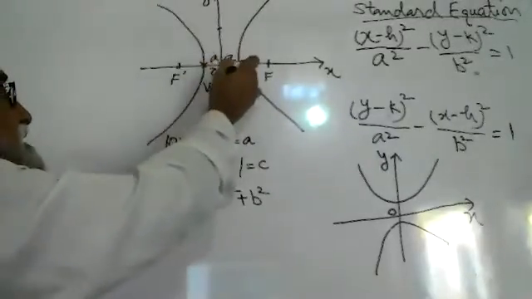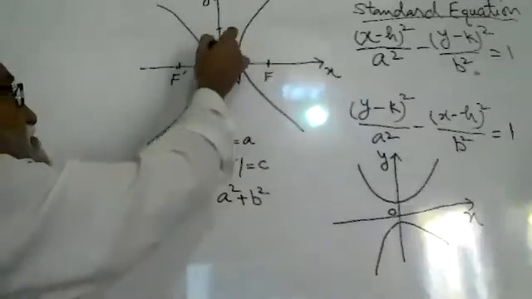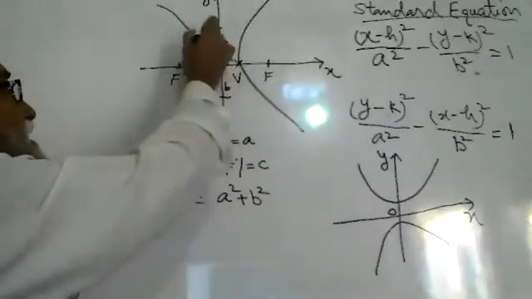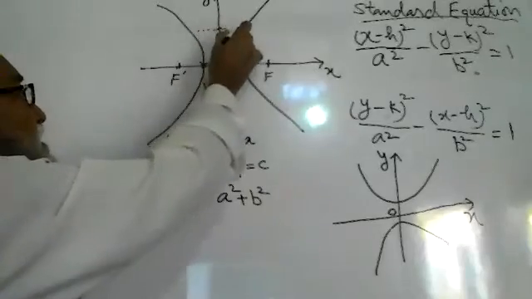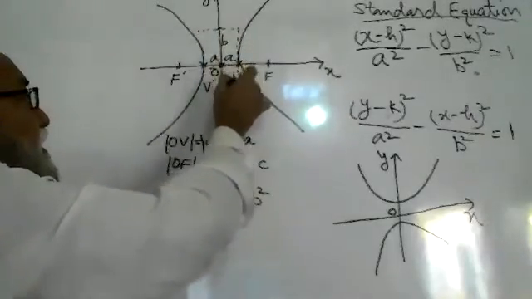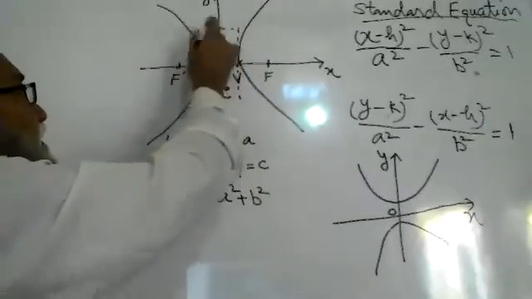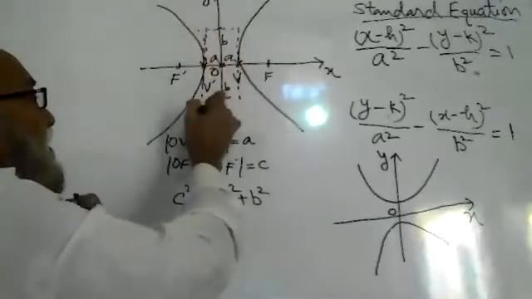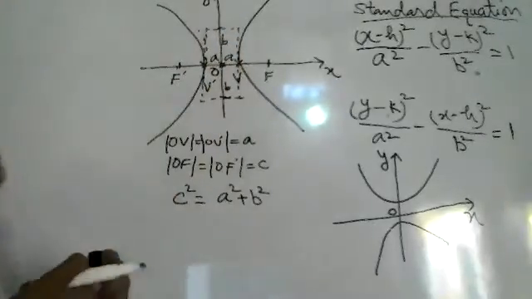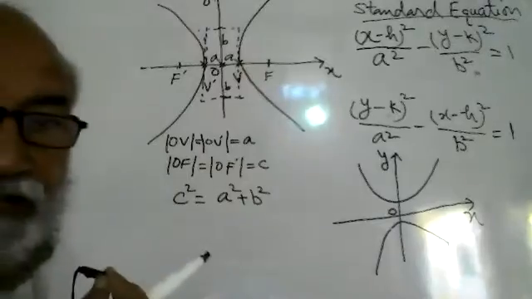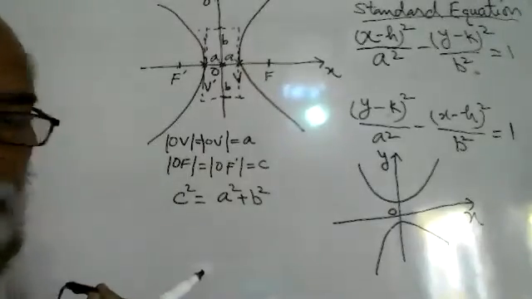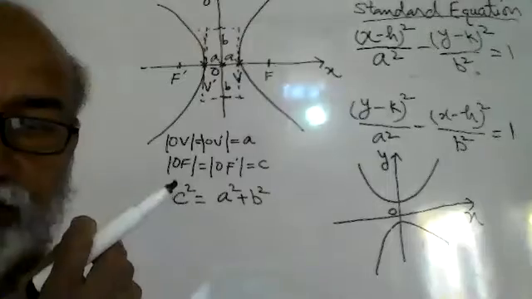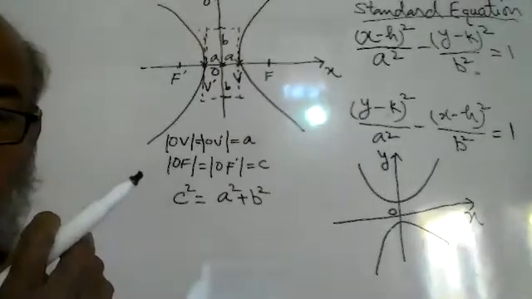This is the distance A, this may be the distance B. If we do this, a rectangle is formed over there. B is this distance. The other axis is called the conjugate axis.